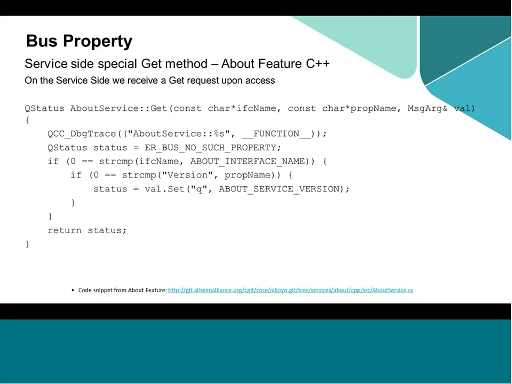And what it passes in is the interface name, the property name, and the value. So with this, you have the ability to say, on this interface, for this property, I'm going to now always return back the version of a short, which is 1. This is the first version of the about feature.